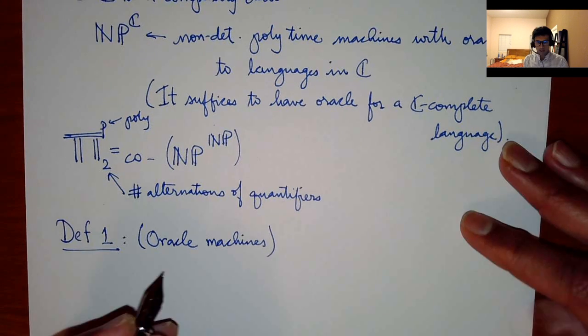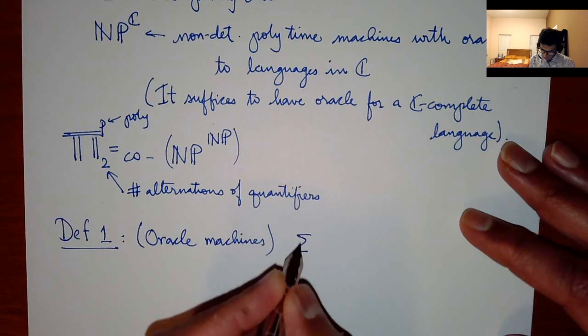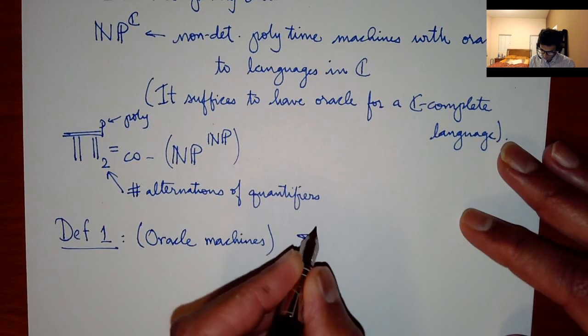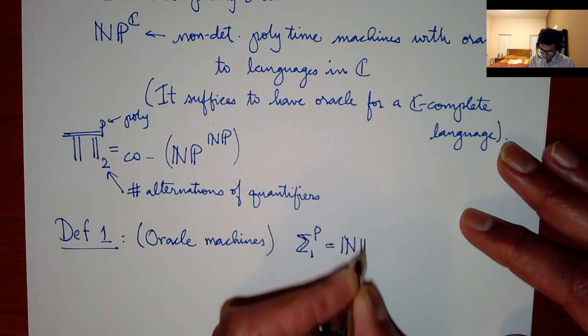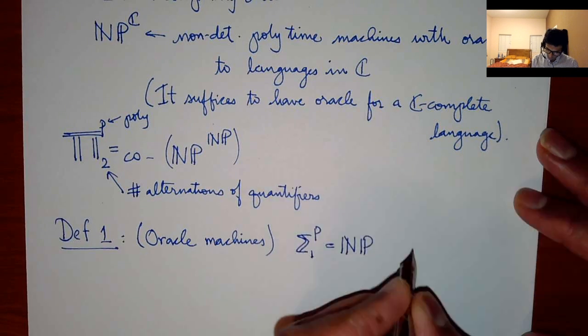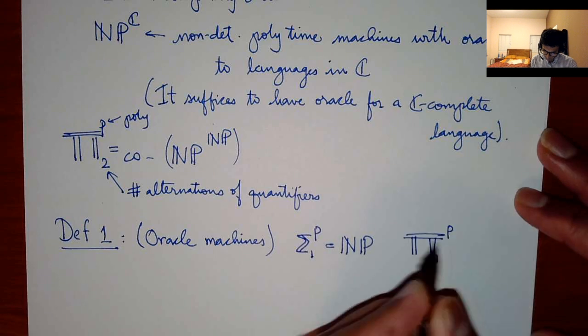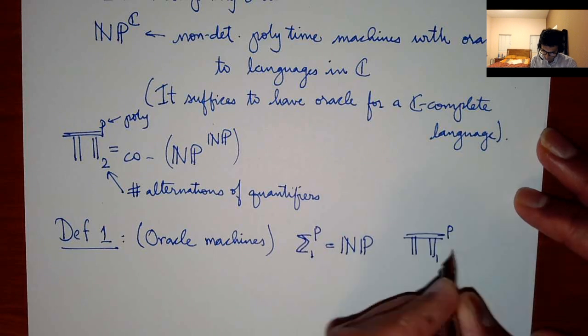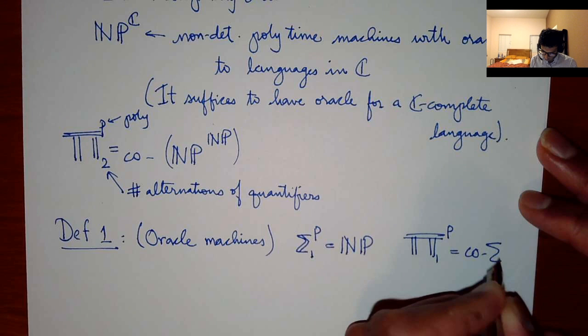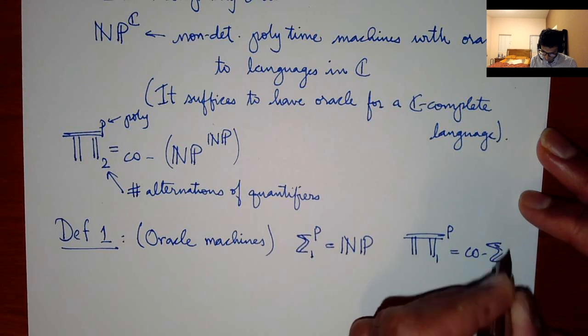So this is an inductive definition. We'll define sigma 1 is NP, and pi 1 is actually just co of sigma 1. So this is co of NP.